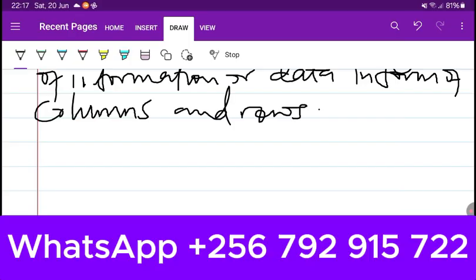Some of the possible reasons for which tables may be constructed: someone may be asking, why do we actually present data in a tabular form?